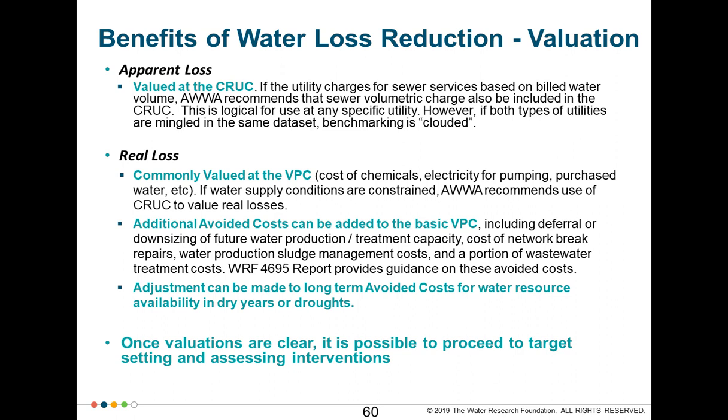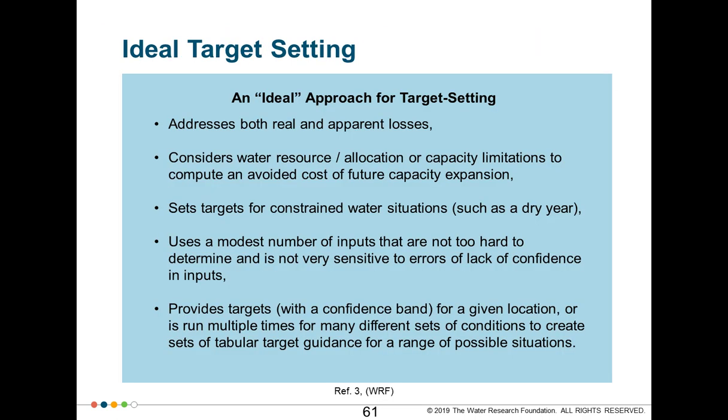So that would tend to increase the value of the real loss gallons. And once that type of valuation is settled or agreed upon within a utility or a state or whatever, then target setting can come in.